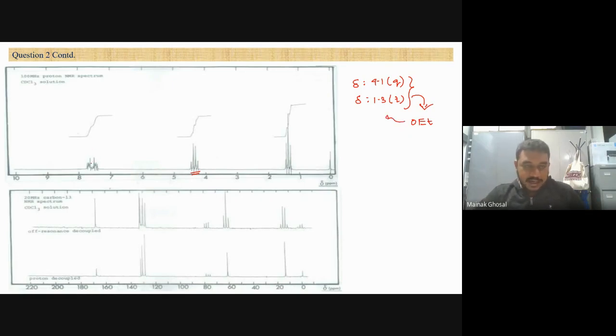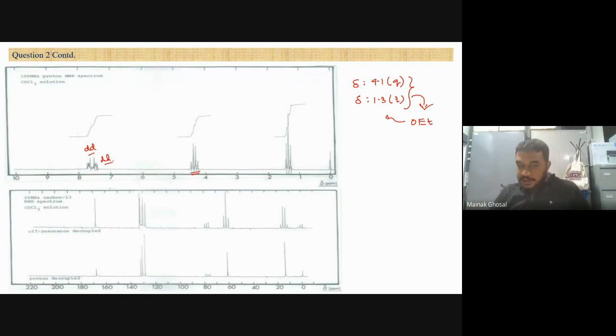Now what is this pattern? You cannot see it properly, I think. This is a doublet of doublet of doublet. This is a doublet of doublet, and this is another doublet of doublet. So two doublets of doublets could be there, or you will see this as a multiplet pattern.